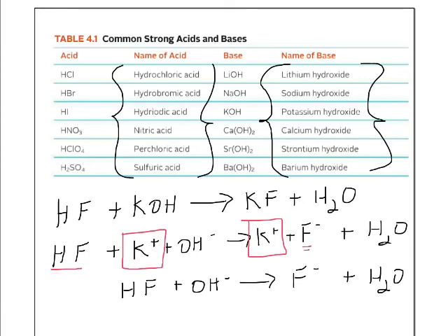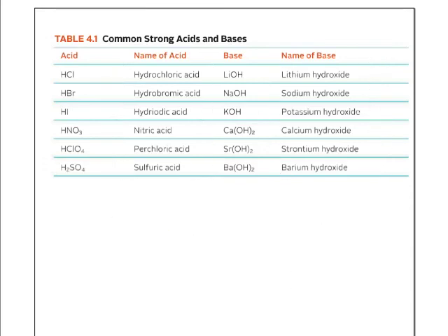Okay, so let's clear this stuff out of the way and take a look at what happens when we have a weak base. At the moment, let's consider the only weak base we're going to talk about for a while. Let's say we have ammonia, and we will look at that reaction with hydrochloric acid.